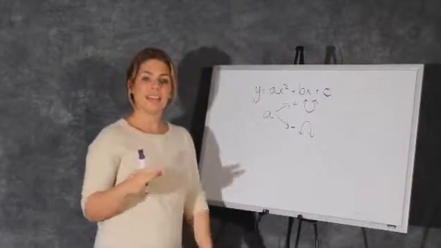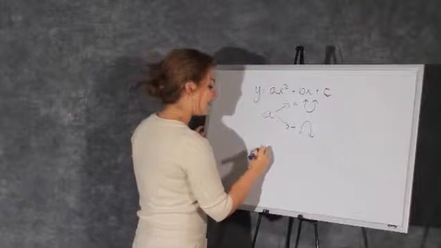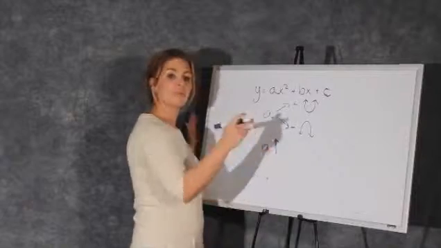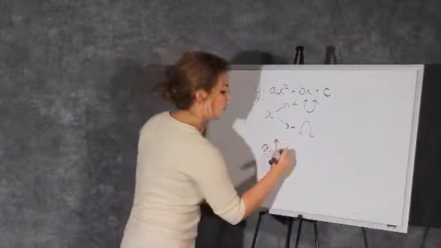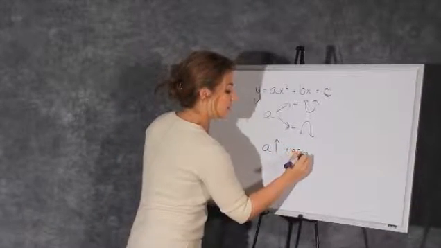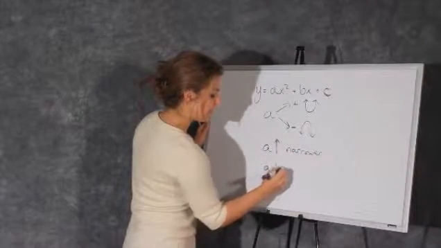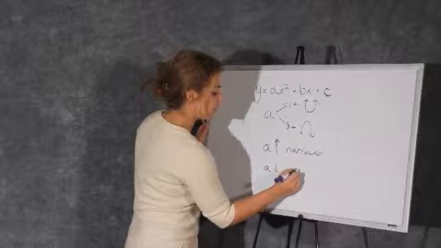The other thing that A tells you is as the value of A increases, your parabola gets narrower. And the smaller that A gets, it gets wider.